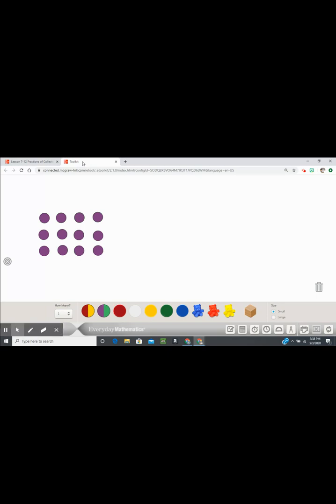As you see, I have 12 counters here. We can count them. 1, 2, 3, 4, 5, 6, 7, 8, 9, 10, 11, 12. It said that she wanted to put half on one page and half on the other. To show that, I know that it's 1 of 2 in each group. So I could do 1 over here and 1 here, and I'm just going to keep doing that until I run out of counters.